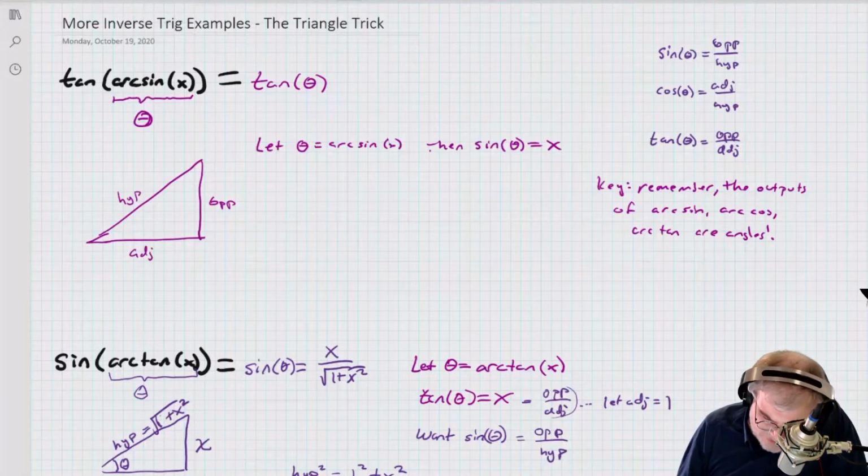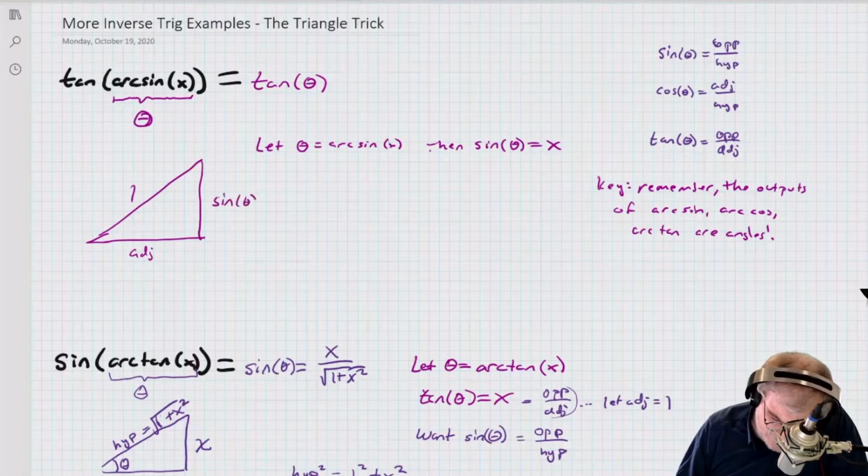I have this and I want this. Since the hypotenuse is on the bottom of what I have, I'm going to let it be 1. And if I do that, then this side here becomes the sine of theta, with theta in the bottom, which equals x.